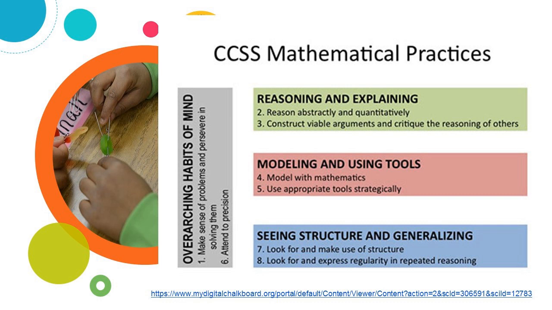Bill McCollum, one of the lead writers of the Common Core State Standards, grouped the mathematical practices in this order. So that's why last week we did Standards 1 and 6, the overarching habits of mind, and 2 and 3, reasoning and explaining.